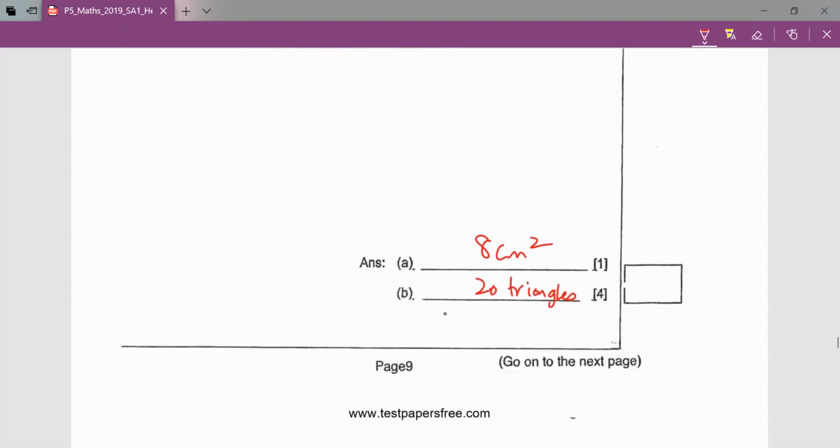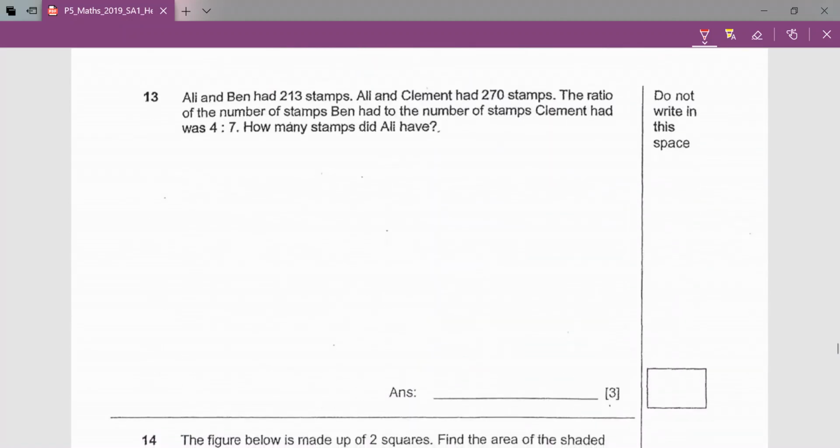Alright, next question. Ali and Ben had 213 stems. Ali and Clement had 270 stems. The ratio of the number of stems Ben had to the number of stems Clement had was 4:7. How many stems did Ali have? So Ali is to Ben is to Clement.